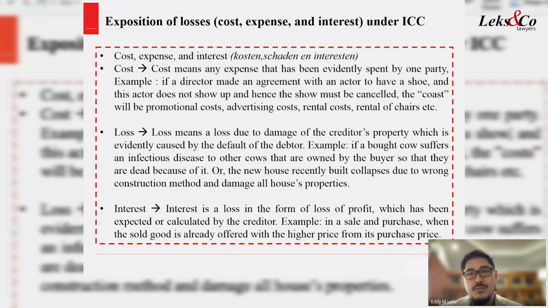Because what you do causes me losses, I reclaim it from you. Now that's cost and then loss. Now we are going to interest. Interest is a loss in the form of loss of profit, which has been expected or calculated by the creditor.